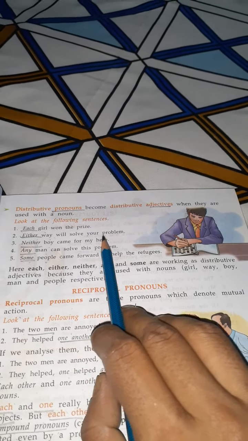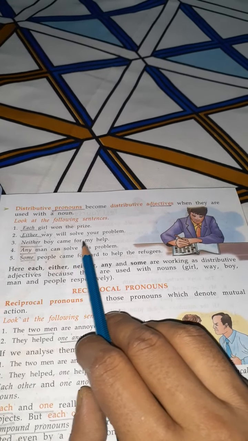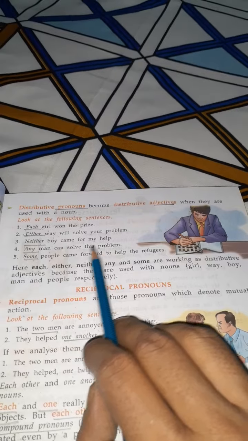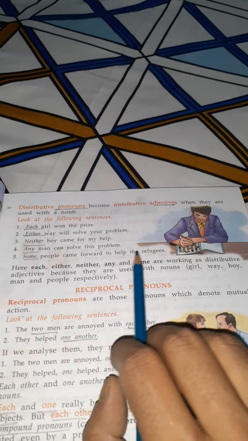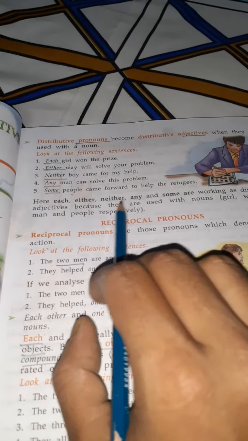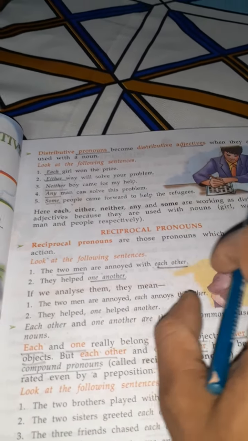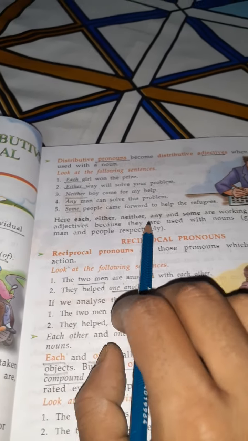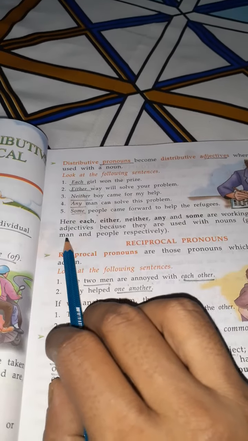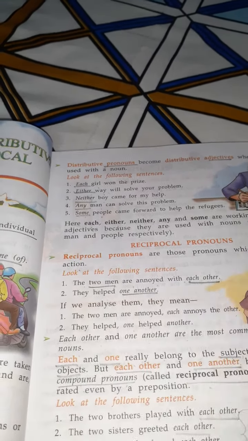Either way will solve your problem. Neither boy came for my help. Any man can solve this problem. Some people came forward to help the refugees. Here each, either, neither, any, and some are working as distributive adjectives because they are used with the nouns girl, way, boy, man, and people respectively.